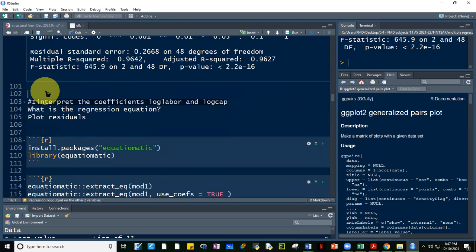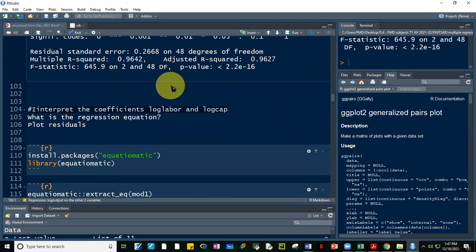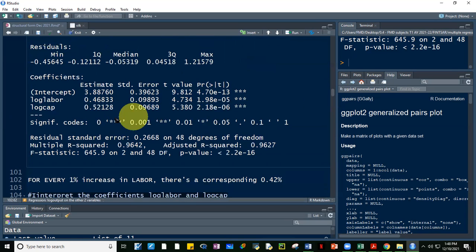So how do you interpret, guys, a double log? For every 1% increase in labor, there's a corresponding, no, sorry, not 1, 0.42%. Is it 0.42? 0.46.